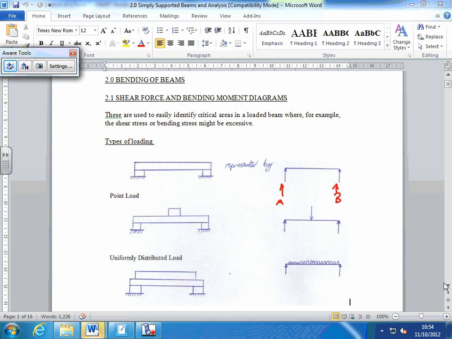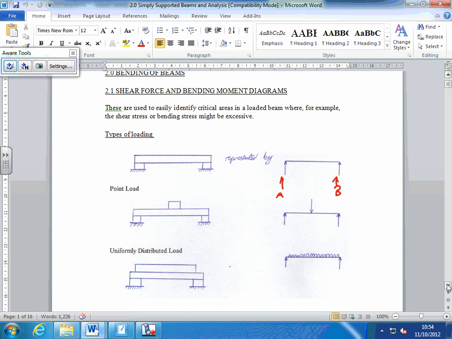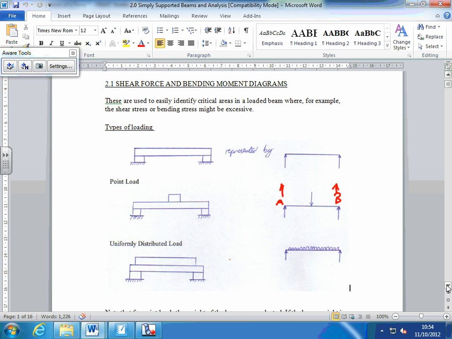So if we have a point load, then it looks like this second diagram down here, and then finally a uniformly distributed load, often abbreviated to UDL, which we represent by this wiggly line along the length of the beam. If we've got a uniformly distributed load, that means it's all spread evenly across the beam.